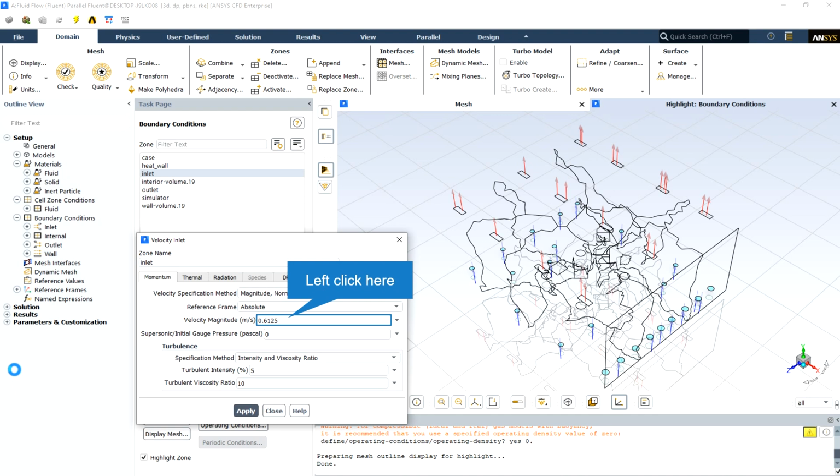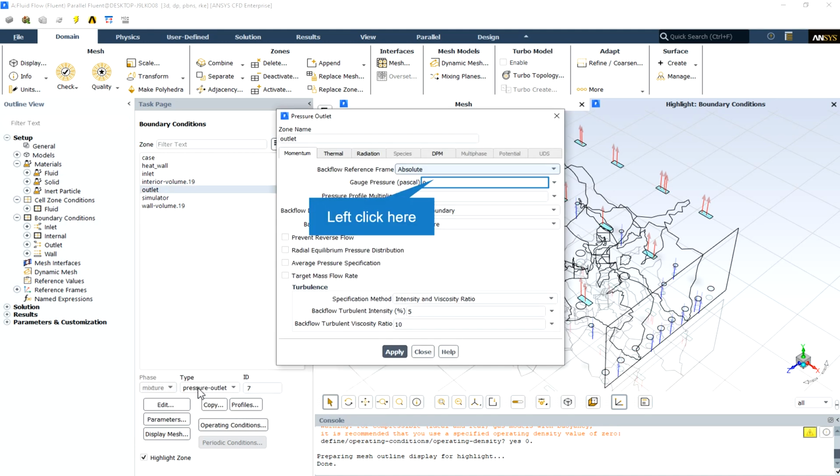In this modeling, airflow enters the office from circular sections as the velocity inlet from the office floor with a speed of 0.6125 meter per second, and also the temperature of 291.1 degrees Kelvin. The air exits through rectangular sections of the office roof with a pressure equal to the atmospheric pressure.